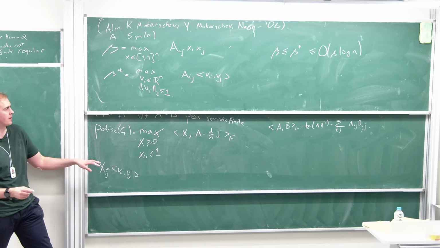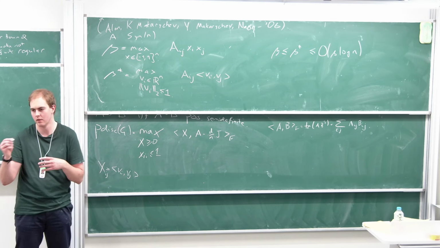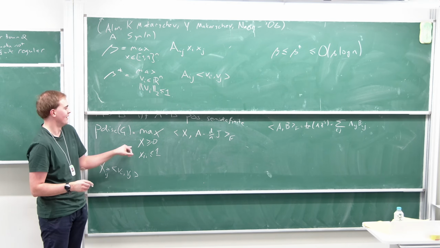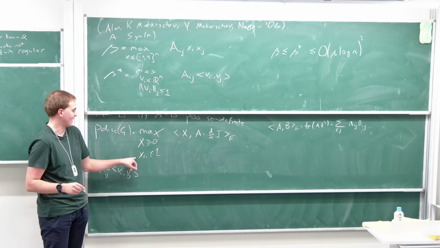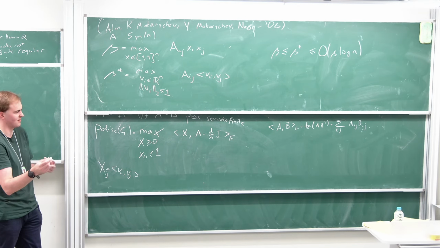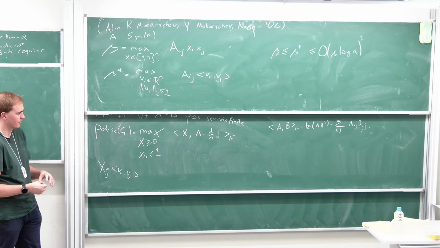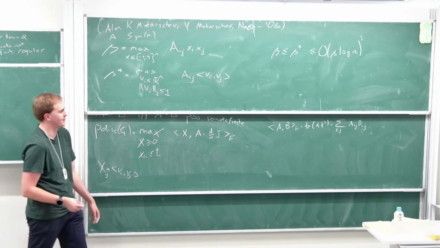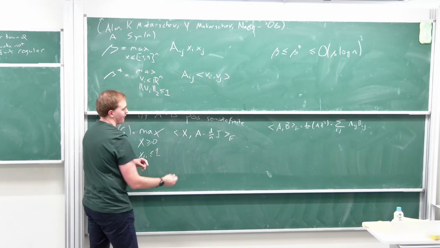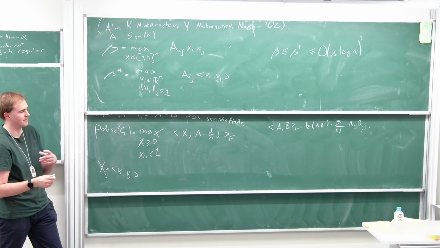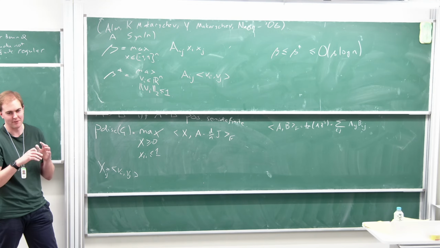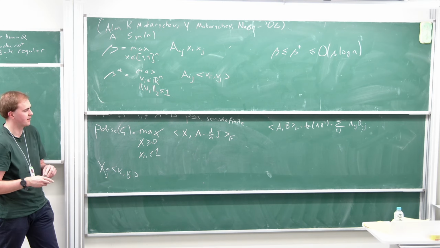To avoid working with these vectors, we just widen the problem and look for the maximum over positive semi-definite matrices whose diagonal entries are at most 1, which is equivalent. Some eagle-eyed viewers might notice that I have simplified the expression a bit, so I've got rid of this minus I term. It's easy to see that those only matter for the linear terms, so this is really going to be fine.